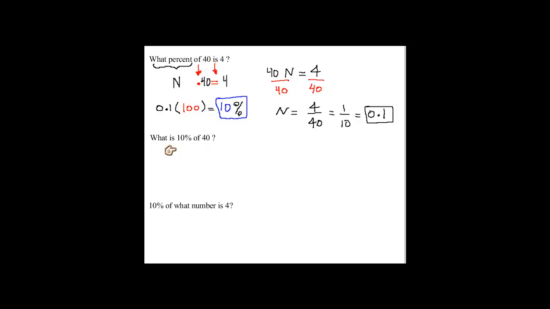Let's set up a second equation for the second problem here. What is 10% of 40? How do you write this in an equation, Richard? The word what would be turned into a variable, so x or n is equal to... it'd be n times 10%.